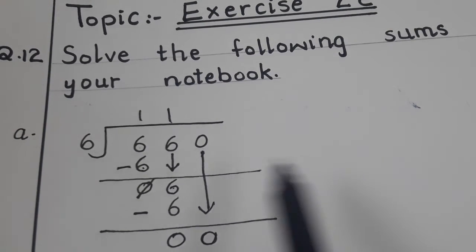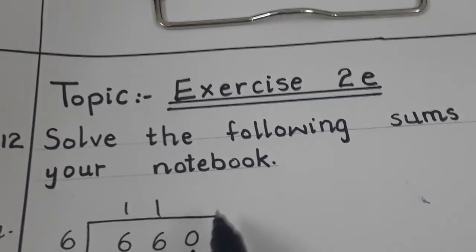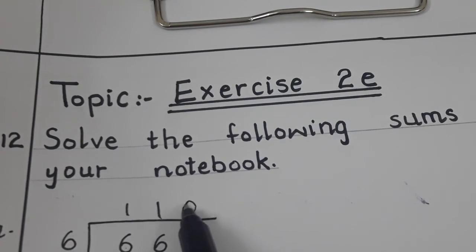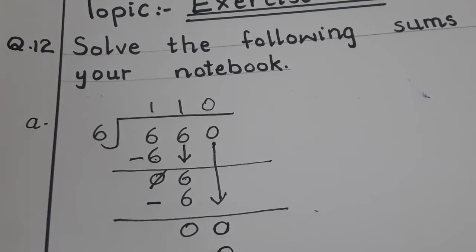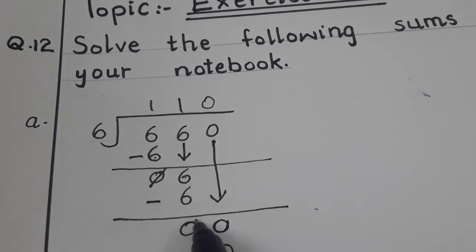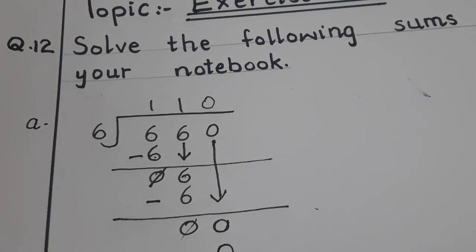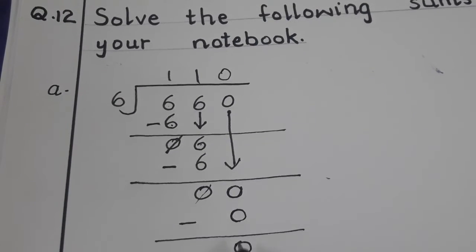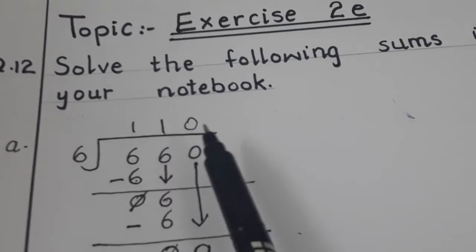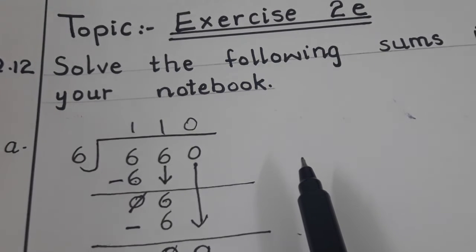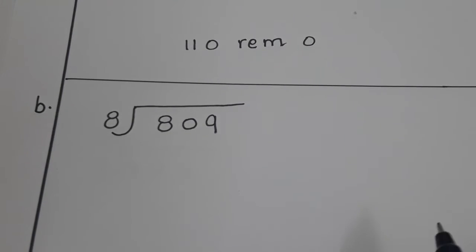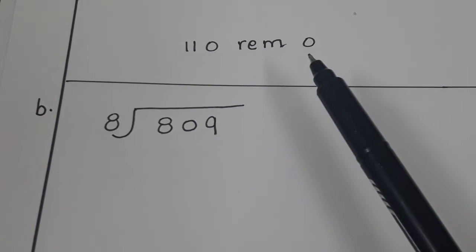So again 6 zeros are 0. Now 0 minus 0 is 0, so now we have no number. So 0 is remainder, so our answer is 110 remainder 0. So this is our answer.